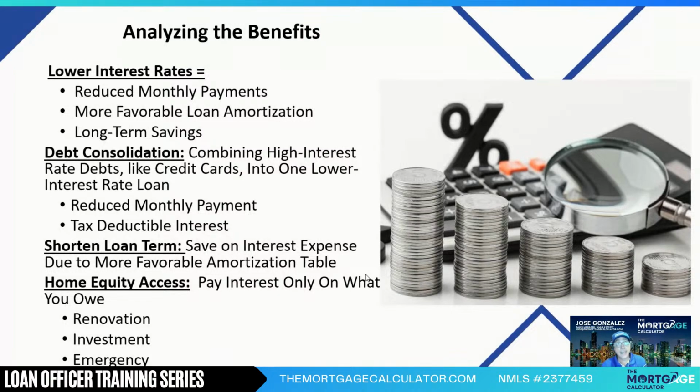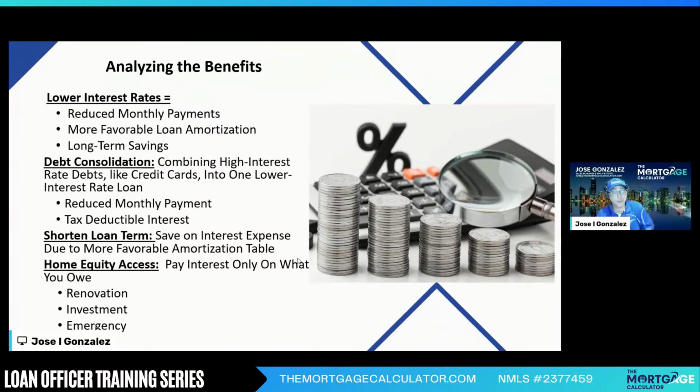Well, if you look at an amortization table and you set up two interest rates, let's say one at 7%, the other at 5%, or let's say one at 8.6, whatever it is. You're going to see that the one at the lower interest rate is going to be paying more principal and less interest. So it's not just about analyzing the total payment.